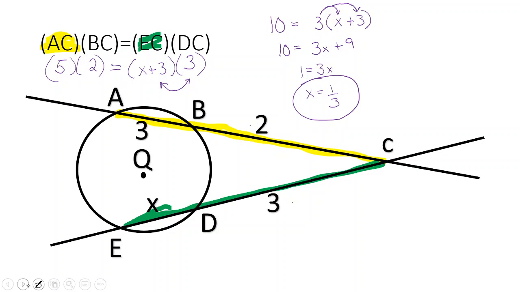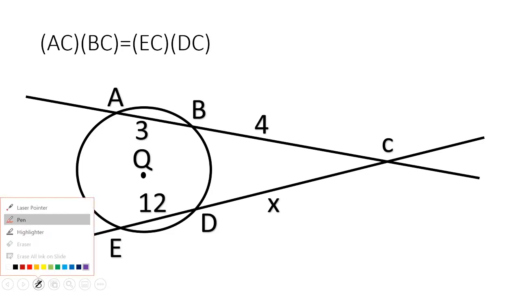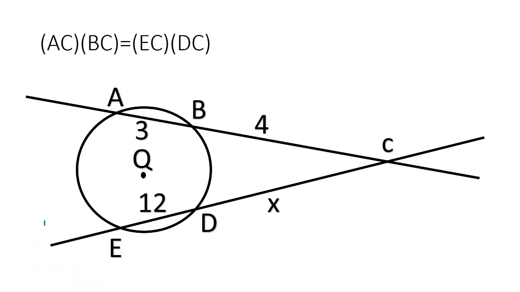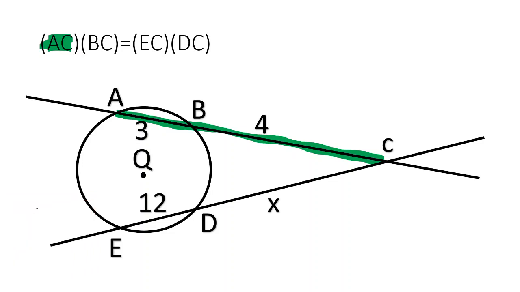All right, hope you understood how that worked. Let's work on another one here. And again, what I start out with doing is I want to see what I'm looking at. The first thing I'm looking for is A to C. So I'm even going to color and highlight here A to C to help me know that that's what I want. Just like on the last slide, I just have to add those two values together.